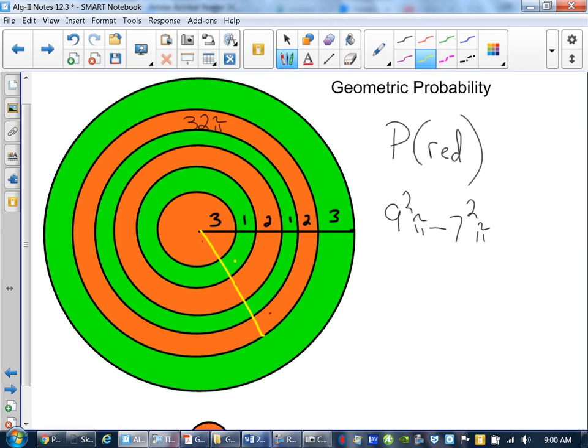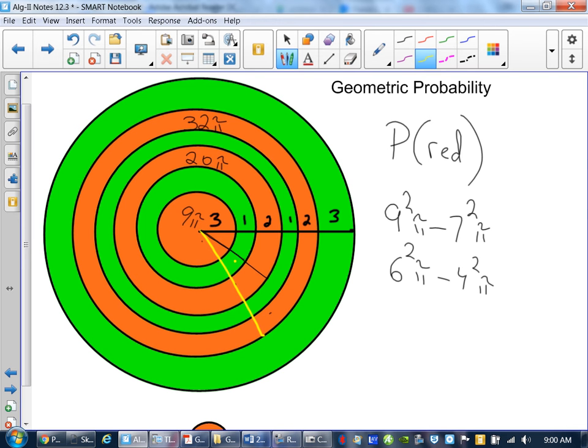The next circle has a radius of 6. So I have 6 squared pi, subtract 4 squared pi. What's 36 subtract 16? And lastly, the innermost circle has a radius of 3, which gives it an area of 9 pi.